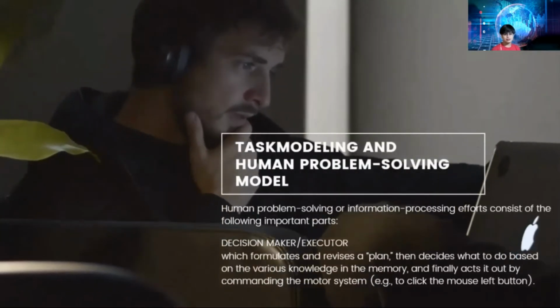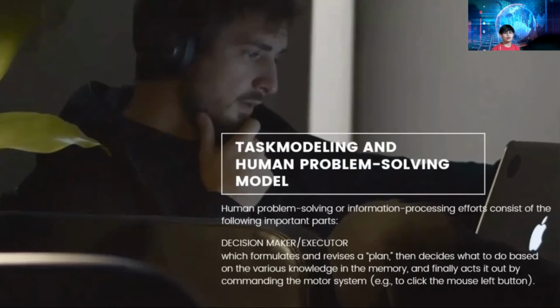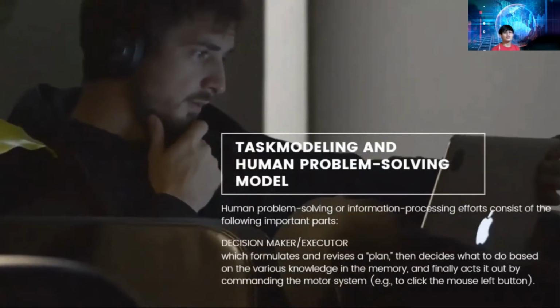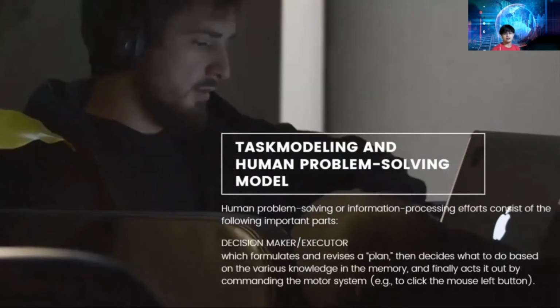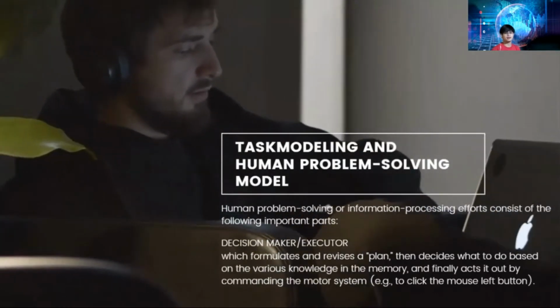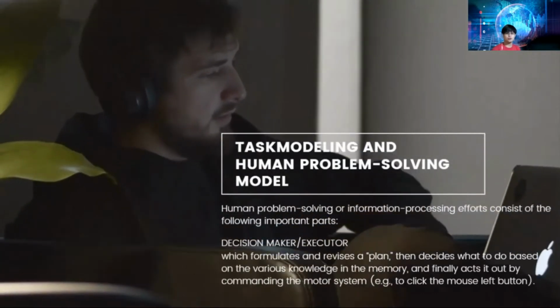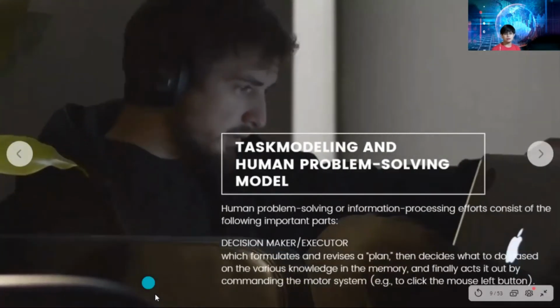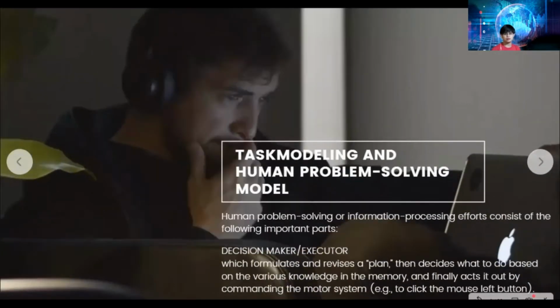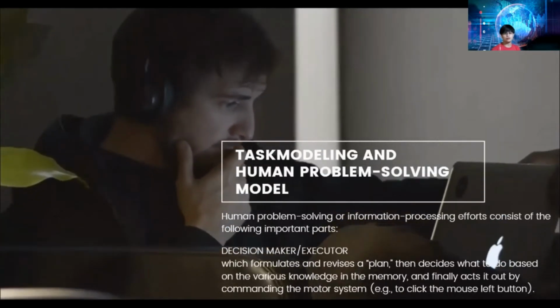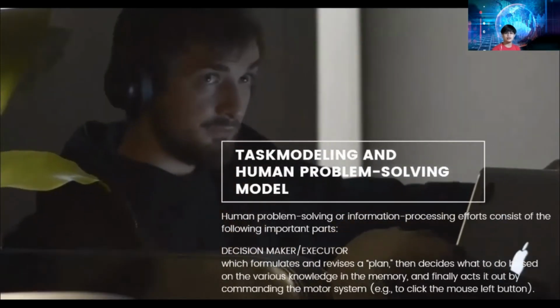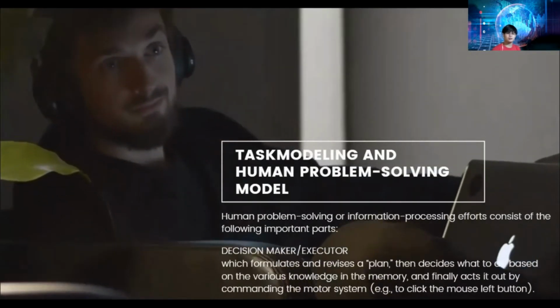Next, decision maker or executor. The decision maker will formulate and revise a plan, then decides what to do based on the various knowledge and the memory, and finally acts out by commanding the motor system.